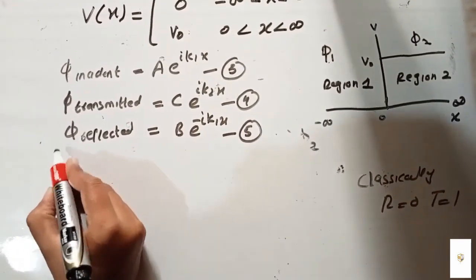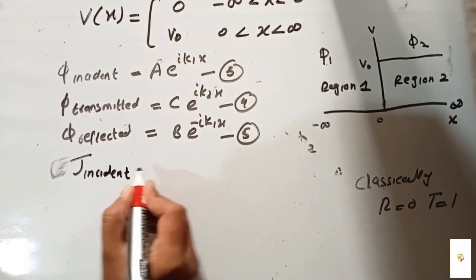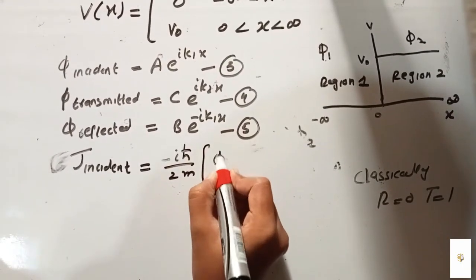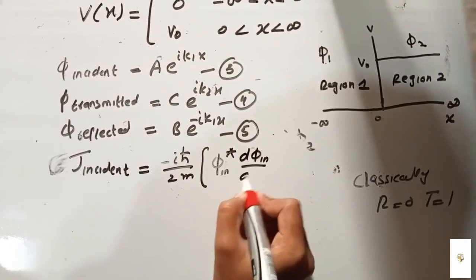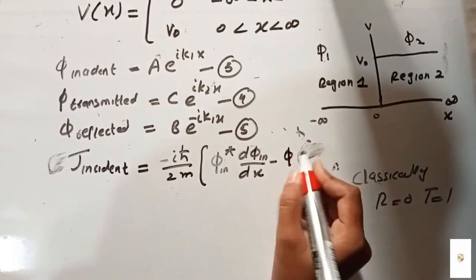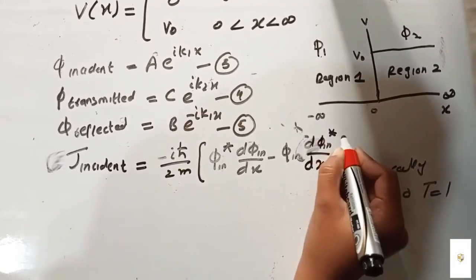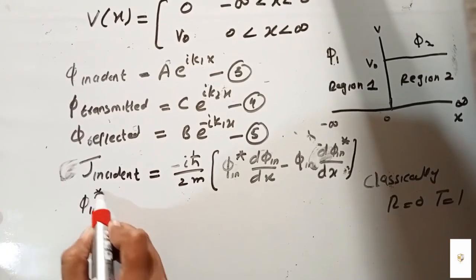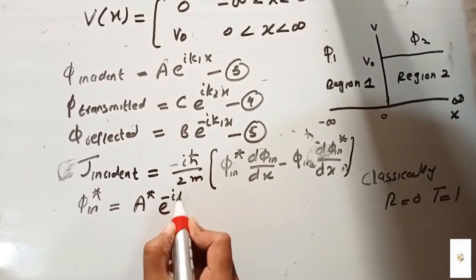Further, we consider the flux for the incident wave, which is denoted by J, equal to minus iota h cut over 2m times phi incident star d phi incident over dx minus phi incident d phi incident star over dx, and phi incident star is equal to A star exponent minus iota k1 x.